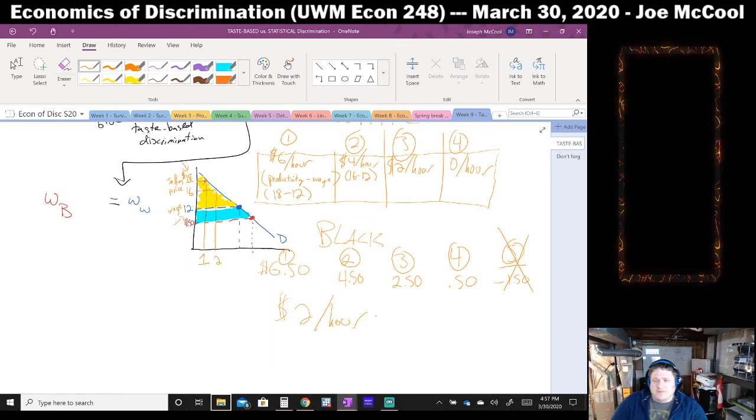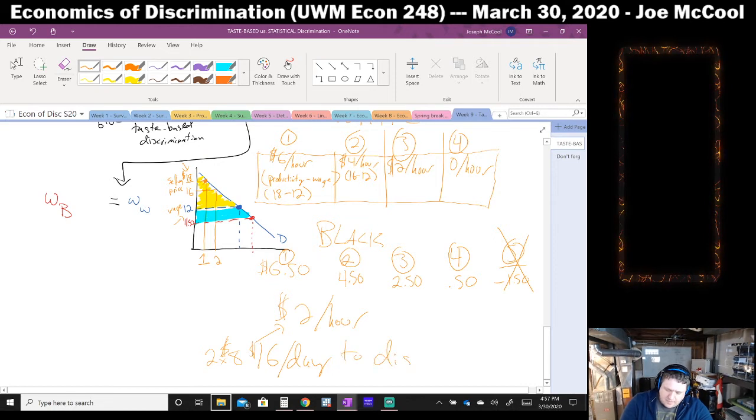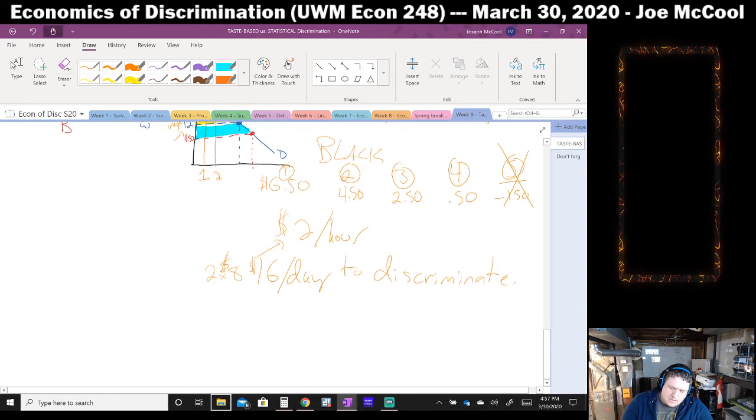So why would this ever happen? Well, we're saying that if this little mini factory is open for 8 hours a day, then this employer is willing to pay 2 times $8, $16 per day to discriminate. So we have a strength of preference here now.